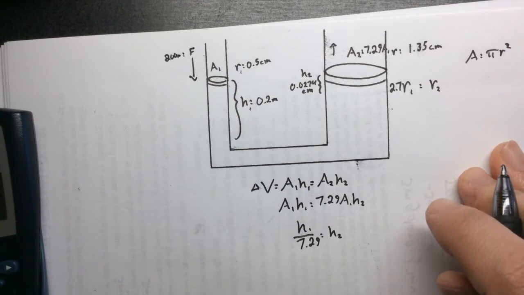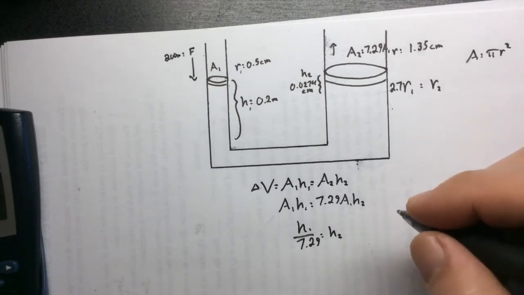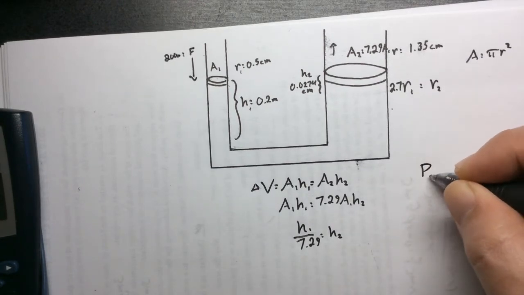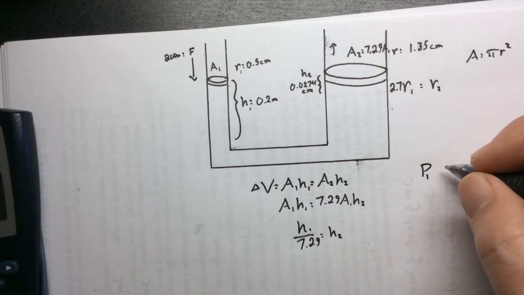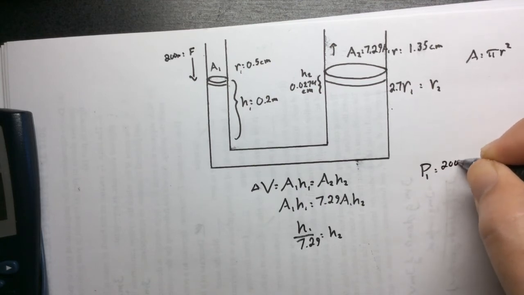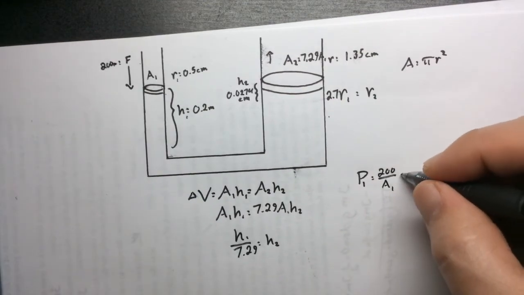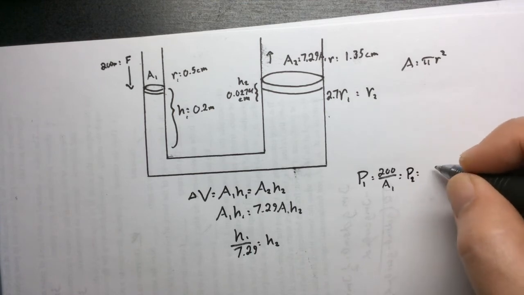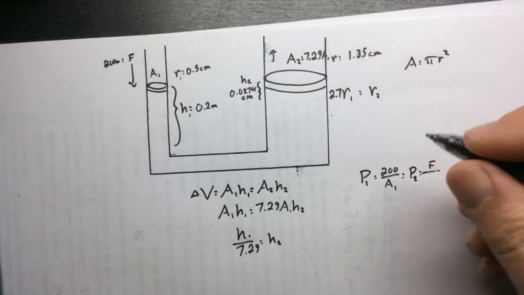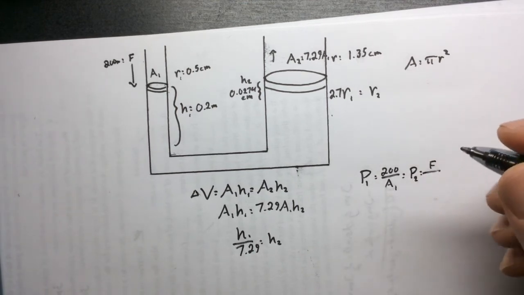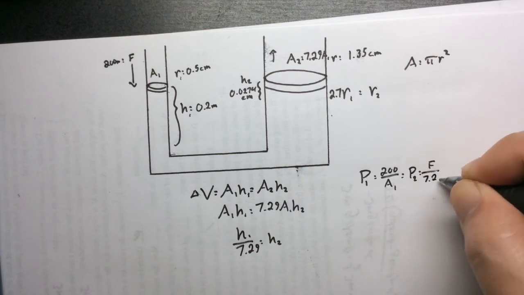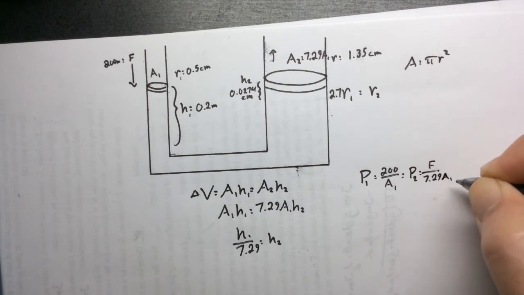The pressure on the left side, P1, is equal to that force, 200, over the area, A1. And that should equal the pressure on the right side, P2, which is going to be equal to some force over an area that is 7.29 times bigger than A1.